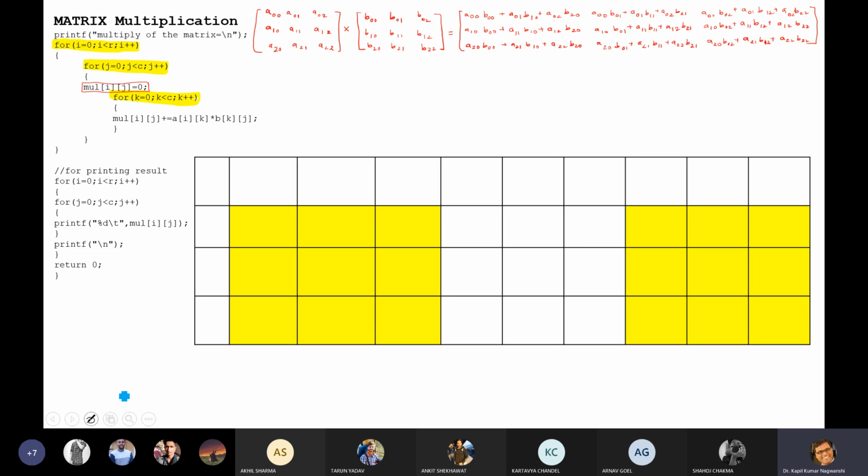And this is another calculation. So this calculation is given here. What we are going to calculate is the value of ij.